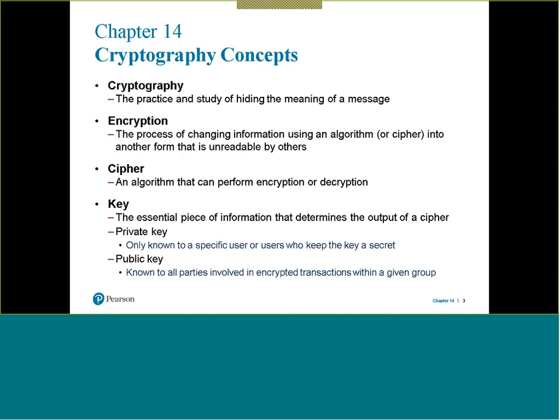In private key encryption, it is a key that's known only to the users who keep that key a secret. You'll see when we start talking about public key, this is a way to try to deal with one of the problems with private key encryption. In the old days, some of you in the military, I'm sure, have heard of this, SneakerNet.